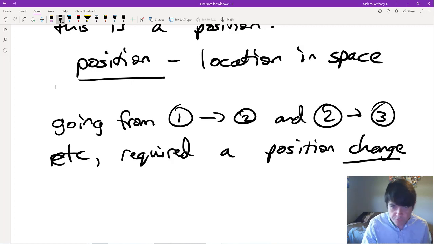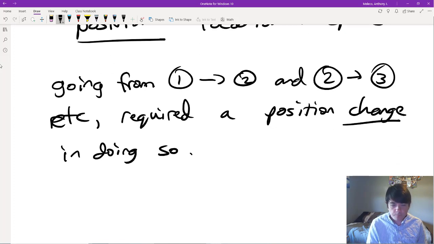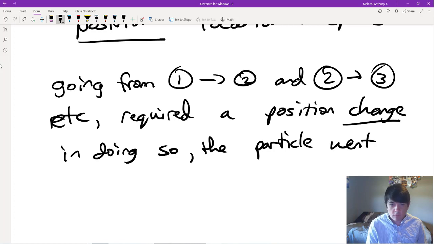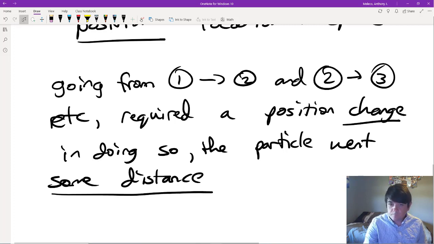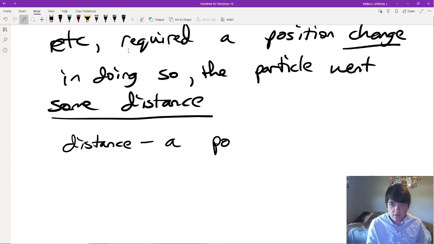That being the important word there, change. In doing so, the particle went some distance, okay? So distance can be thought of as a position change, okay?